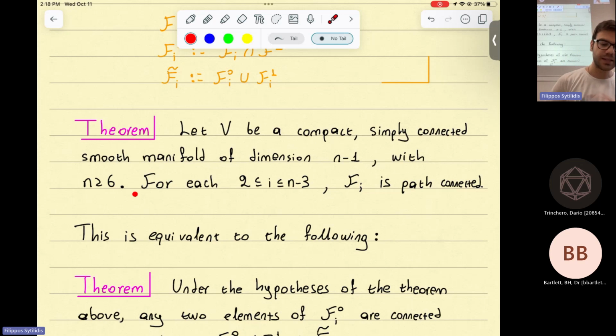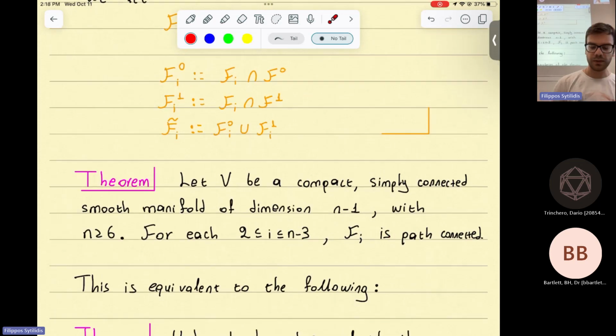So I'm making all of the assumptions that show up in Cerf's pseudo-isotopy theorem as presented the first time. Then under those hypotheses, if I choose any I from 2 to n-3, this subspace of the space of smooth real-valued functions, called F_I, is path connected.